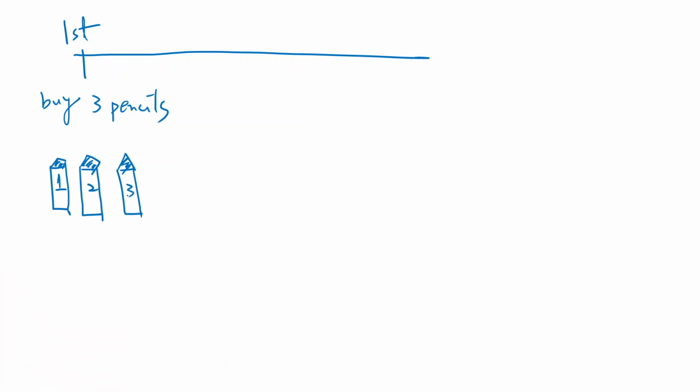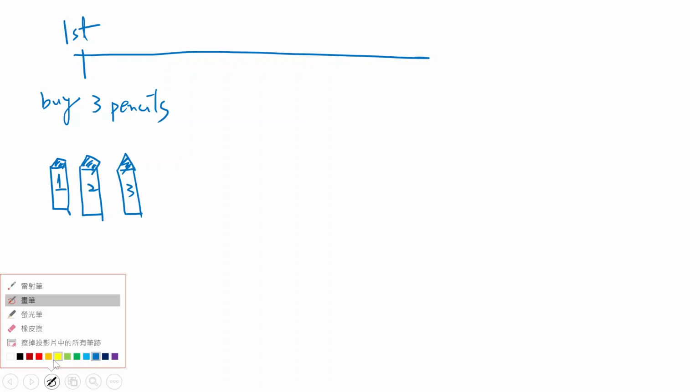Could you tell me, at the beginning, you spend the money to buy 3 pencils. These 3 pencils are your assets or not? Yes, they are your assets. Why is that? In the future, you can use the pencils to write down your note, to write down everything, right? So these 3 pencils are your assets.